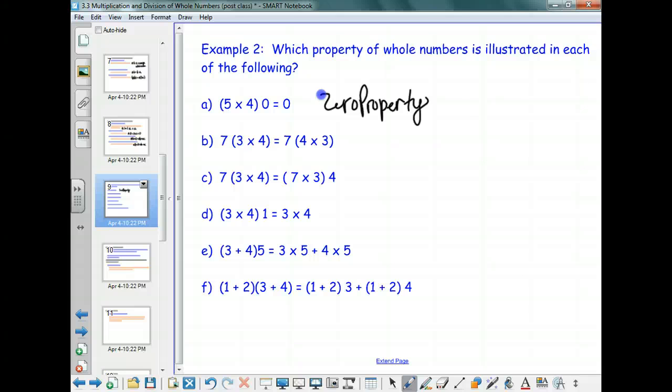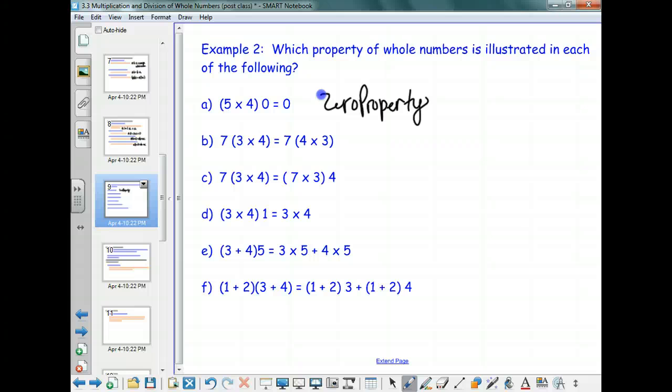Associative. Okay, so there are parentheses, agreed? First question, do the parentheses use addition or subtraction in them? No. So it's not distributive. Everybody with me on that? The distributive property has an addition or subtraction inside the parentheses. We don't have that. Second question, associative.